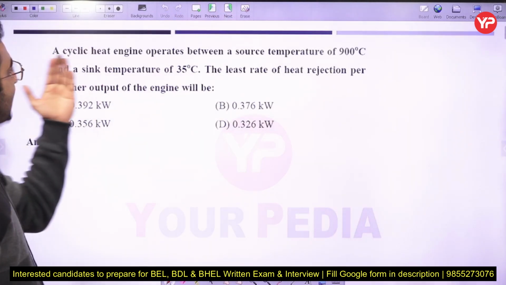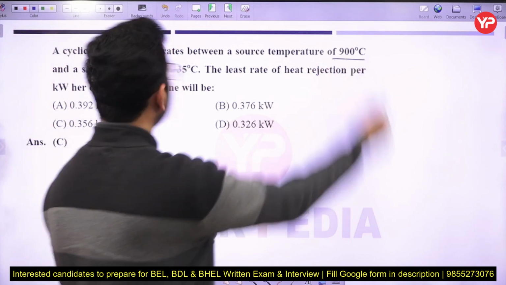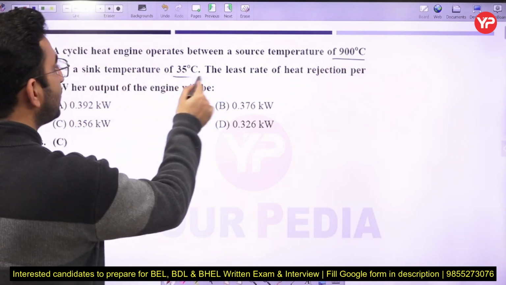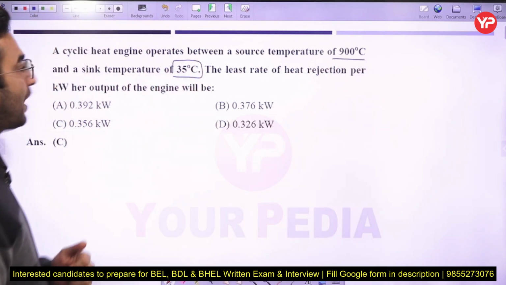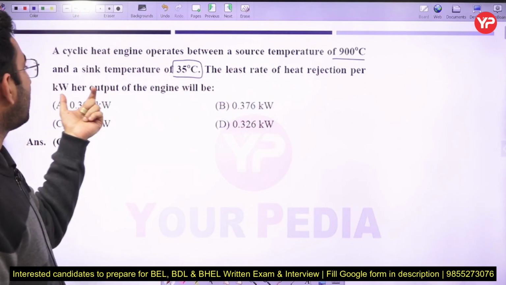Next part: a cyclic heat engine operates between a source temperature of 900 degrees Celsius and a sink temperature of 35 degrees Celsius, and you have to calculate the least rate of heat rejection per kilowatt output of the engine.